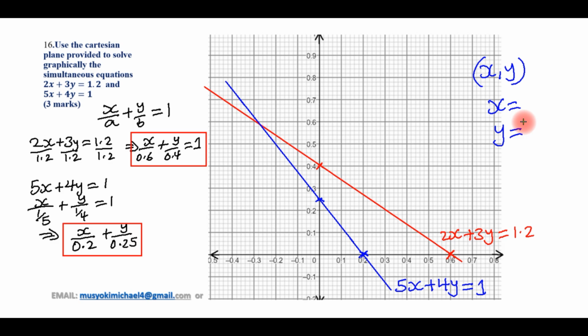So here is where the point of intersection is.